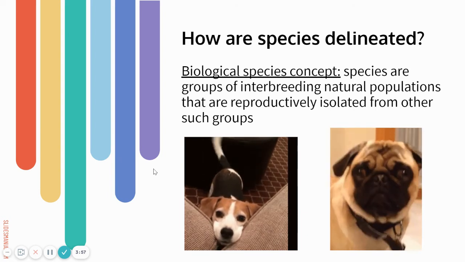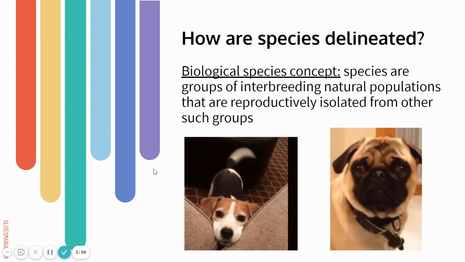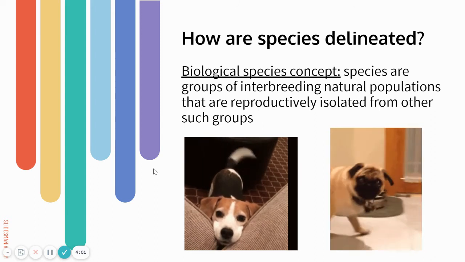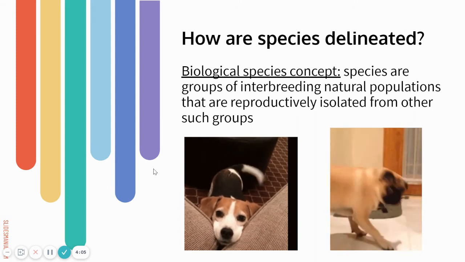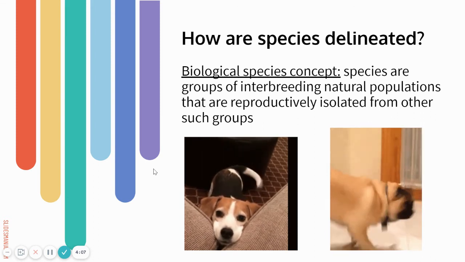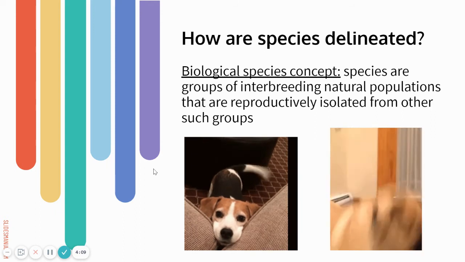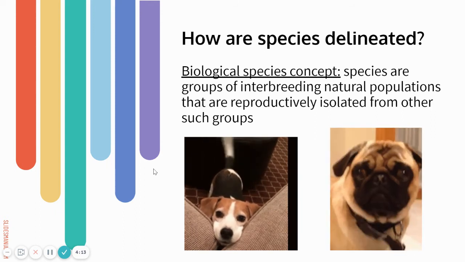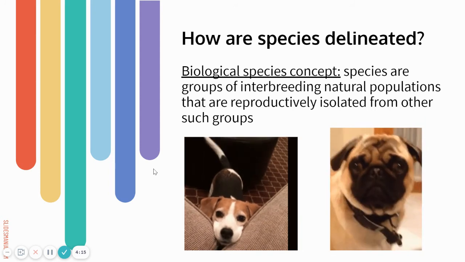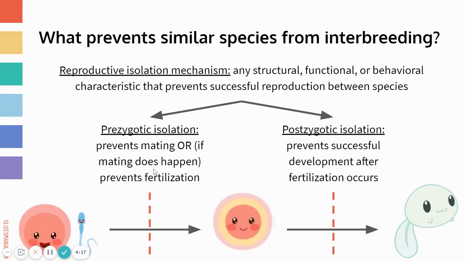This definition isn't always going to work. For organisms that reproduce asexually, like bacteria, it isn't going to apply. For anything that is a fossil, or species that existed only in the past, we can't use this definition either. But this will be the working definition that we're going to go with for this class at least.